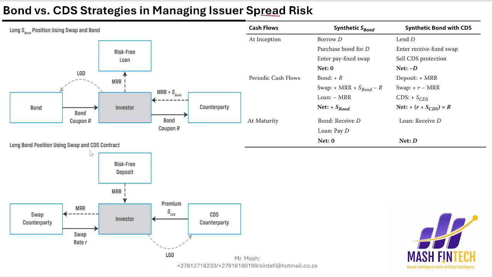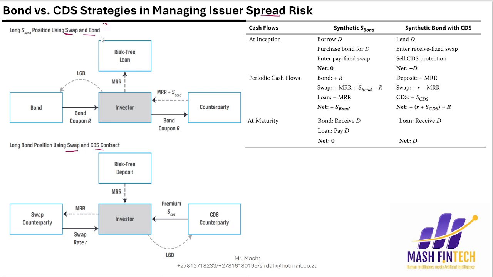Either the investor is going to take a long position using a swap and a bond, or the investor is going to take the long position using a swap in the CDS contract. In this instance, the investor is actually going to buy the bond. So when the investor uses the swap and the bond, the investor needs to own this bond.